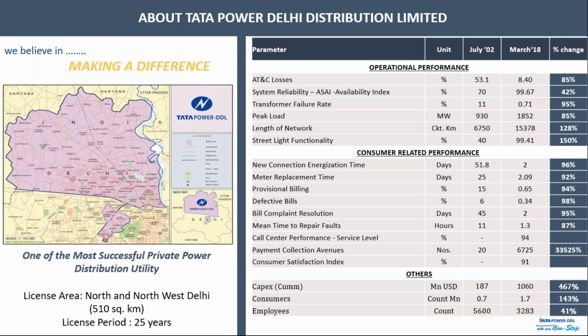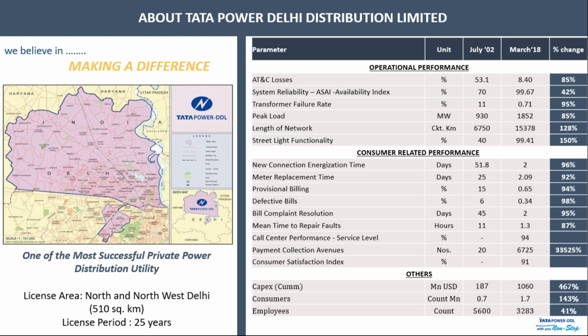In fact, in ease of doing business on electricity, we are ranked 29th in the World Bank ranking. The consumer satisfaction index is fairly good, at 91%. Our consumer base is around 1.7 million. And in the last row, the employee strength has reduced from 5,600 to 3,200.